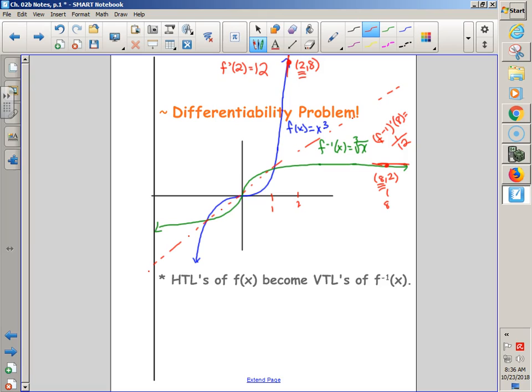What am I saying? What's an HTL? Horizontal tangent line, aka when f prime of x equals 0. What's going to happen to my poor little f inverse? What's the relationship of slopes when they correspond?